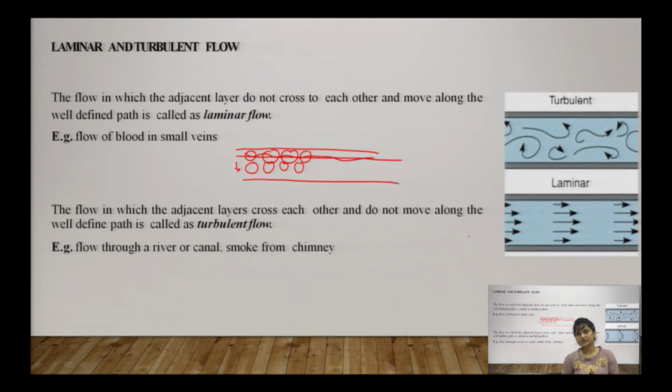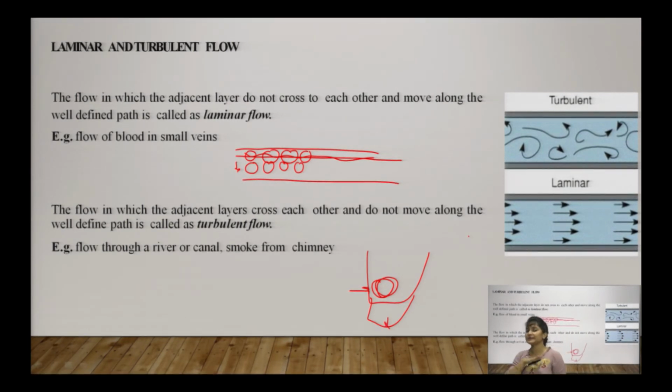There you can see at a certain depth the pressure is applied and huge turbulence can be seen, but at the bottom, where there is no disturbance of pressure or gravitational force, there can be settling layers, and that is particularly termed laminar flow.